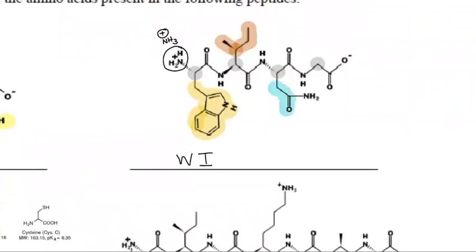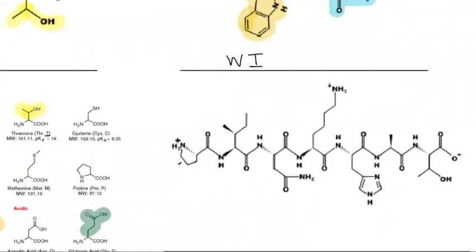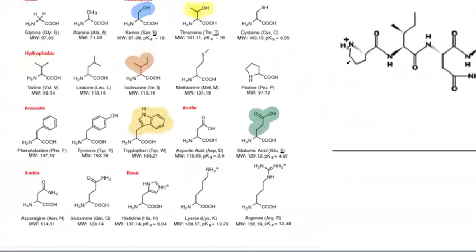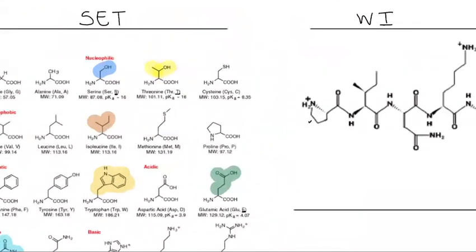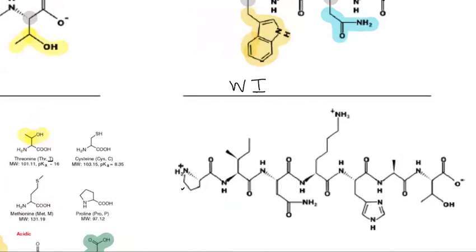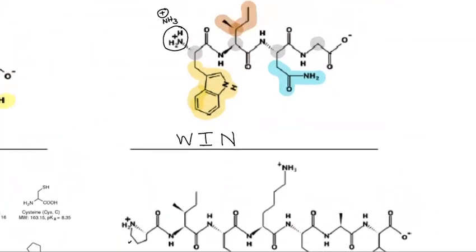CH2, C double bond O, NH2. That's asparagine. And lastly, this is a CH2.